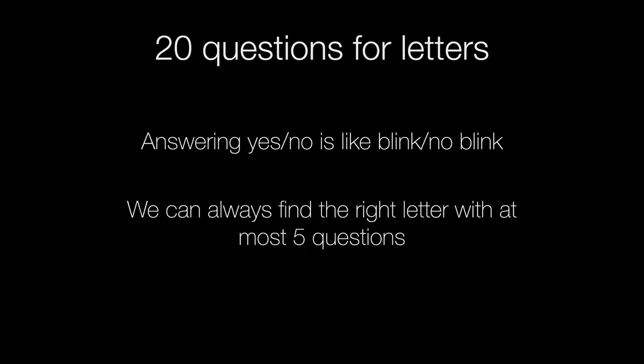Okay, so if we substitute yes and no with blink, no blink, we can always find the right letter with at most 5 questions, okay? This is guaranteed. And here comes in mathematics, okay?